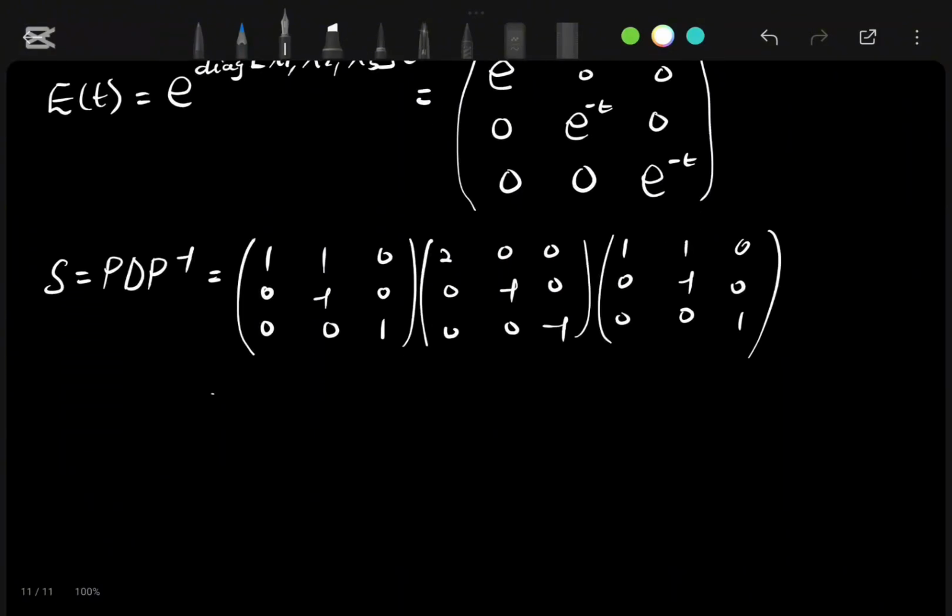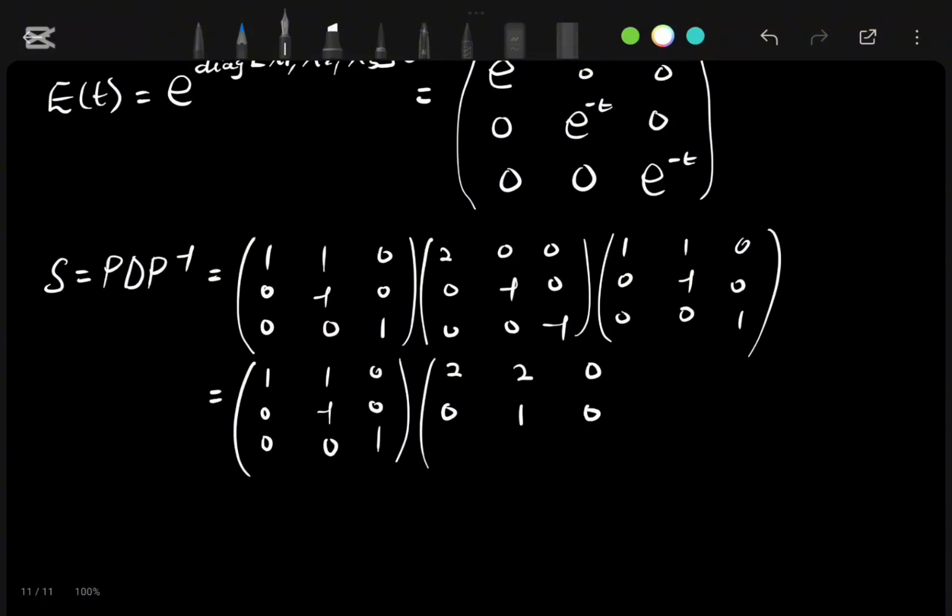So next, we just do the multiplication because we need a value for our N. So we have 1, 0, 0 here, 1 minus 1, 0, 0, 0, 1. And this will give us 2, 2, 0, 0, 1, 0, 0, 0, minus 1.